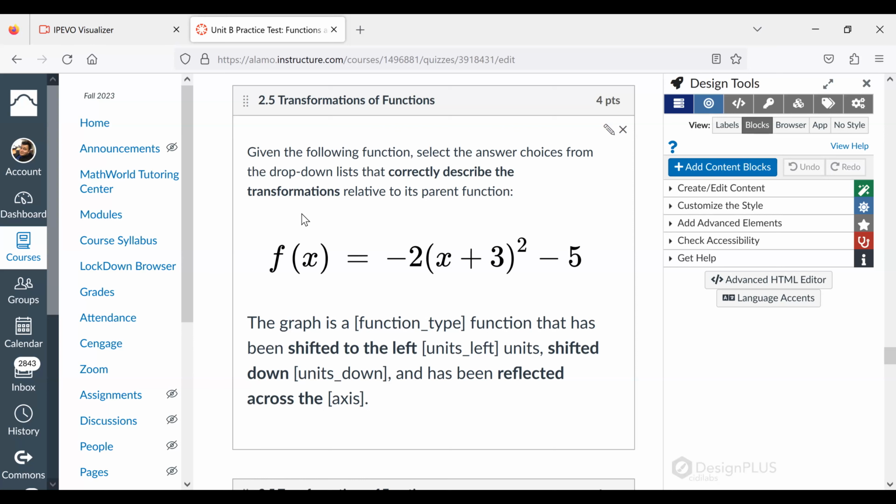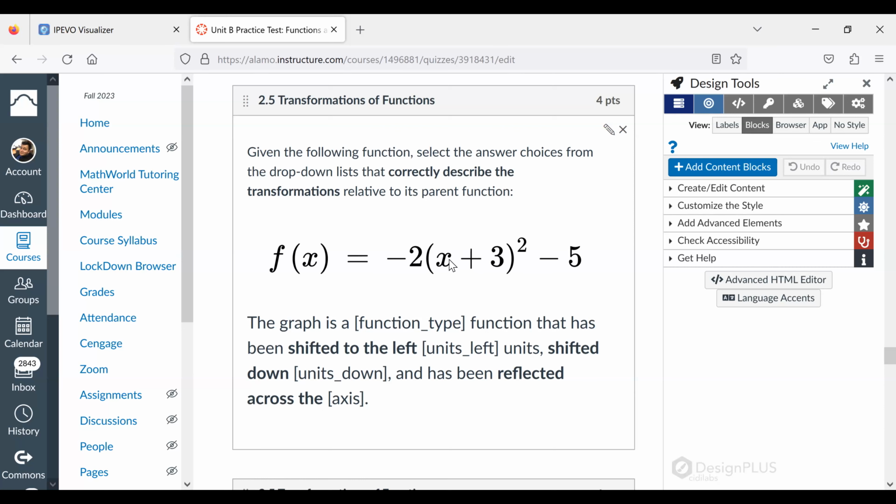The graph of the function has been shifted. Okay. Yes, so it's been 3 units to the left, 5 units down. Which axis has it been reflected on? If there's a minus in front, it's reflected downward, which means over the x-axis.